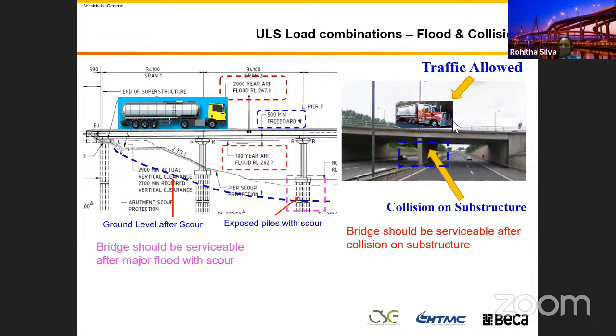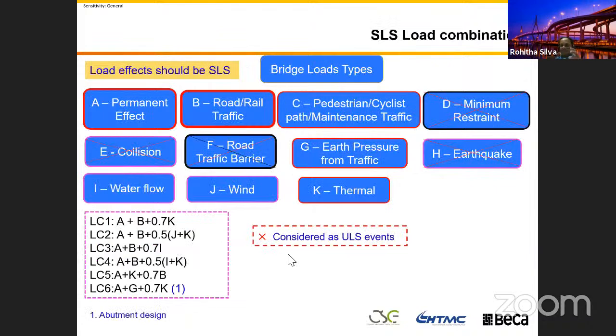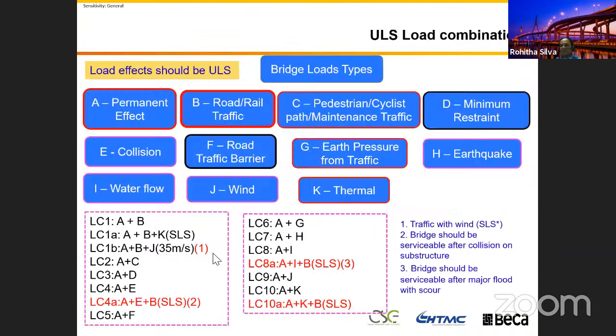But you need to make sure that you design your bridge to the SLS traffic load, not the ultimate limit state one. You could see the ultimate limit state condition is 80% higher than the SLS loading. So you need to check your bridge for that load case. That's why we combine them together.